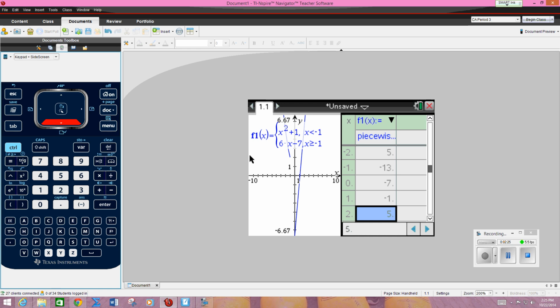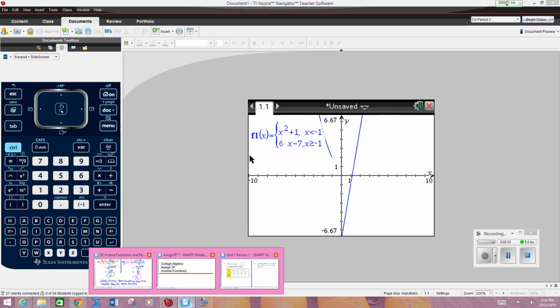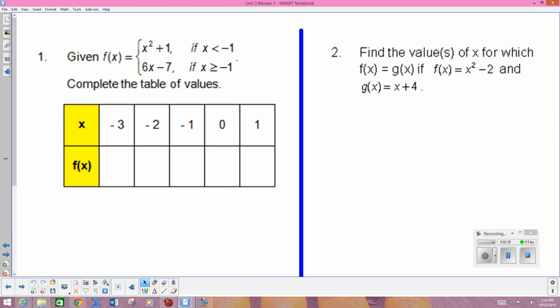So I just want to make sure that you know how to get a piecewise function. So that's what we're doing for the first one. Okay? And so we have our values of 10, 5, -13, -7, and -1.